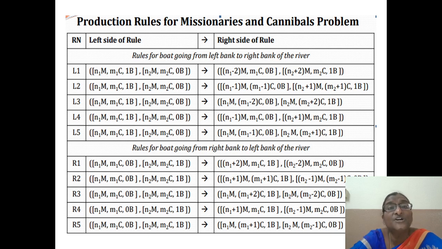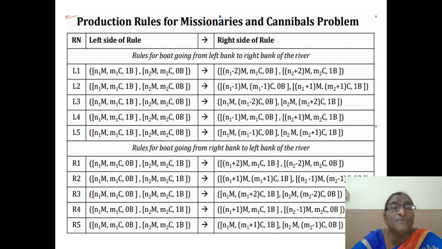Next thing is production rules for the missionaries and cannibals problem. Coming to the production rules, we have the left side and right side. In the left side, you can see that we have L1, L2, L3, L4, L5. And these L1 to L5 rules are rules for the boat going from the left bank to the right bank of the river.